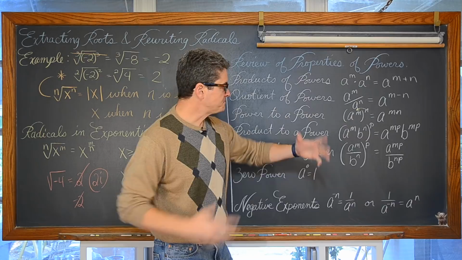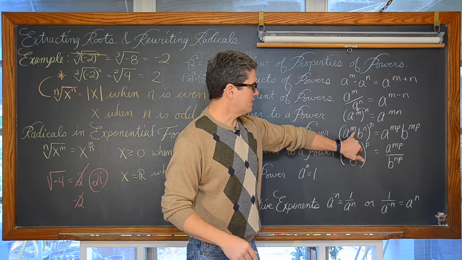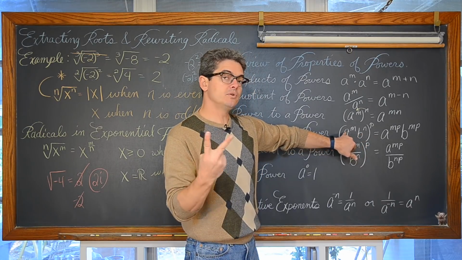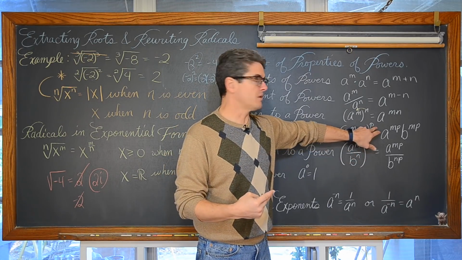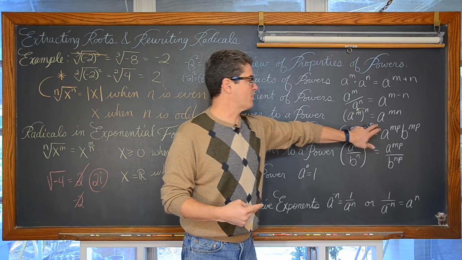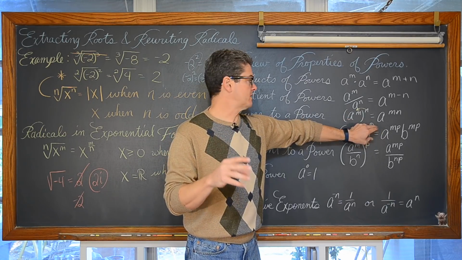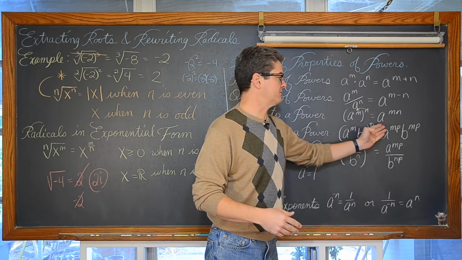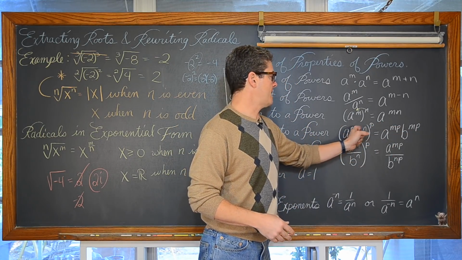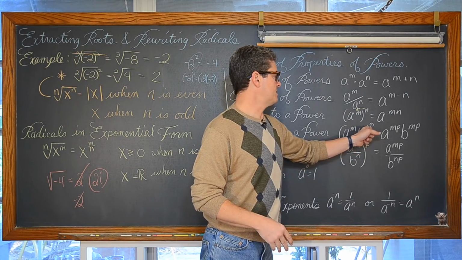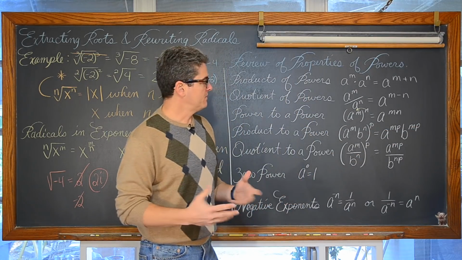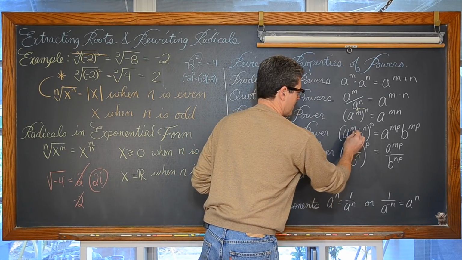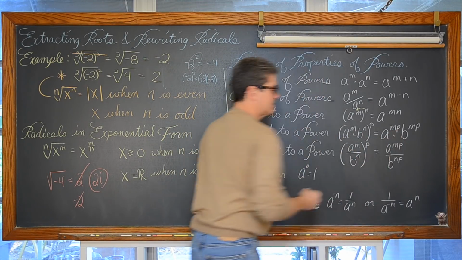Product to power. Now, a lot of students, if there were a plus or a minus between two terms, when they learn that power to power, like to drop the exponent that's outside of the parentheses down on each of those exponents and write effectively what we have here, a to the m times p and b to the n times p. Well, there is a product to power, but there is not an addition to power.